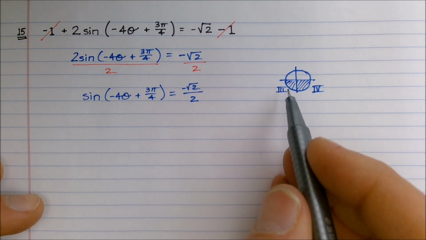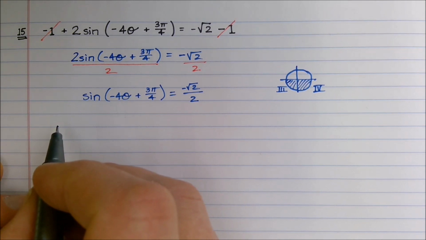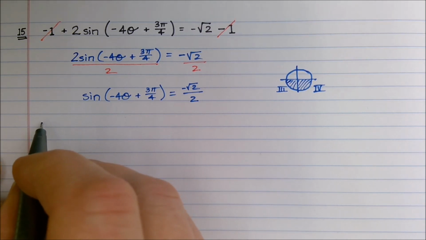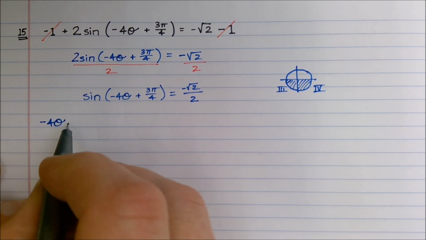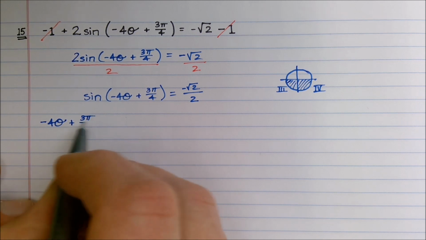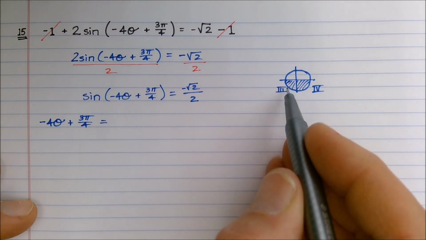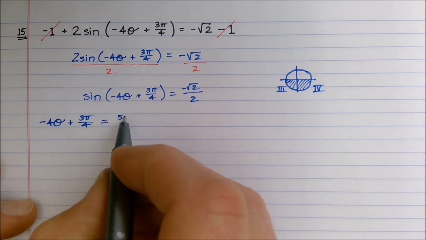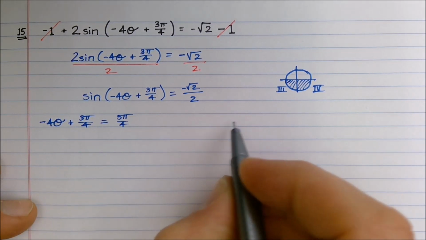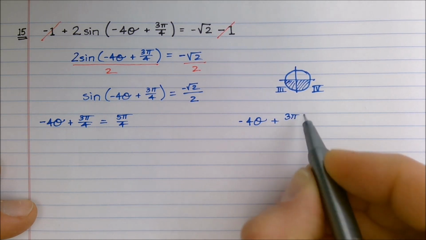The angles in the third and fourth quadrants are 5 pi over 4 and 7 pi over 4. So we know that this expression for an angle, -4 theta plus 3 pi over 4, is going to be equal to 5 pi over 4, and it's also going to be equal to 7 pi over 4.